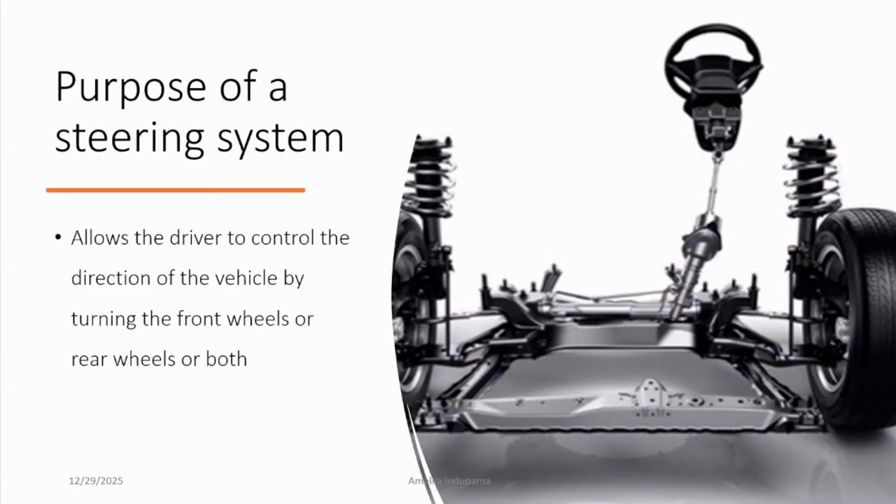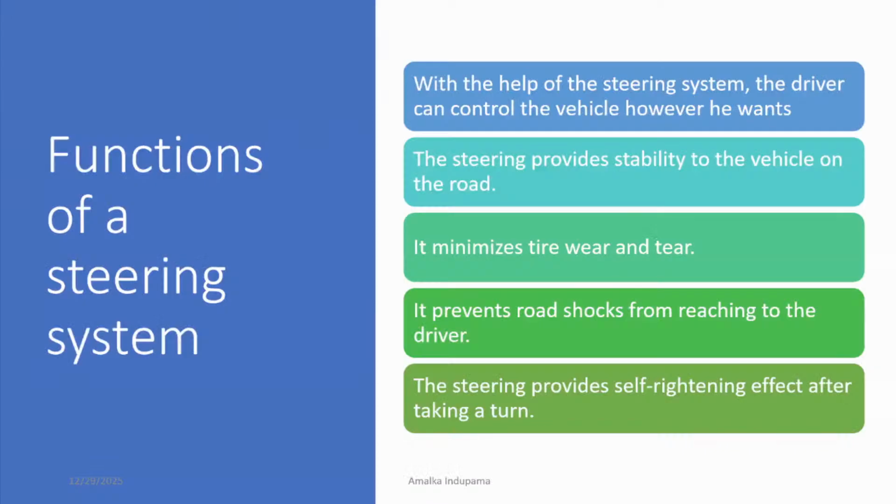When moving from front wheel steering to both wheel steering systems, the turning radius of the vehicle is greatly reduced. The vehicle can even be rotated at a single point. That is the major advantage of moving from front wheel steering to rear wheel or both wheel steering systems. Additionally, we have secondary functions of the steering system.